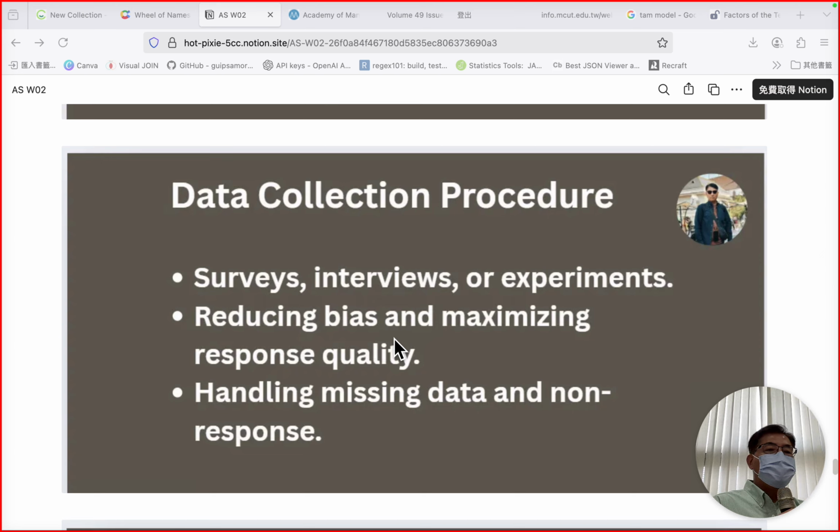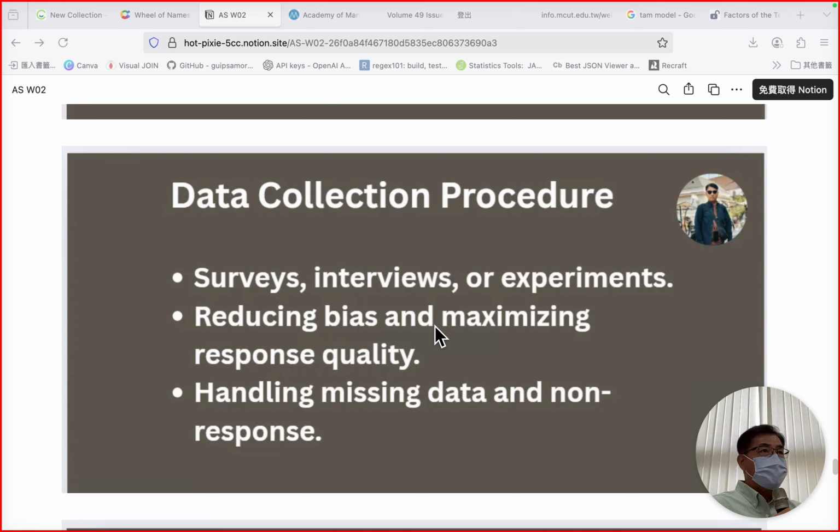Okay, reducing the bias and maximizing the response quality. How to maximize response quality? We also have experience answering questions for other people, right?